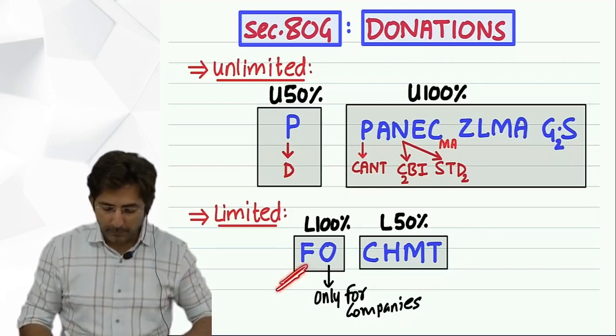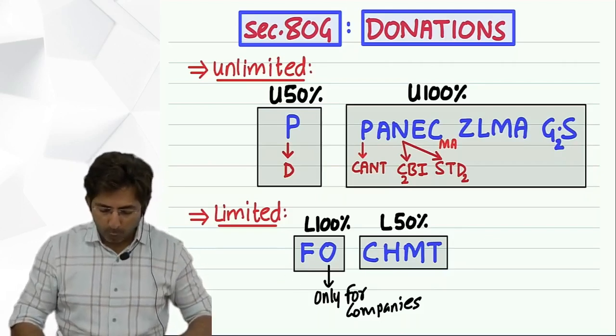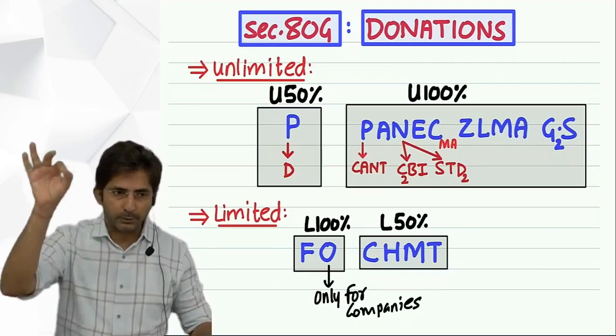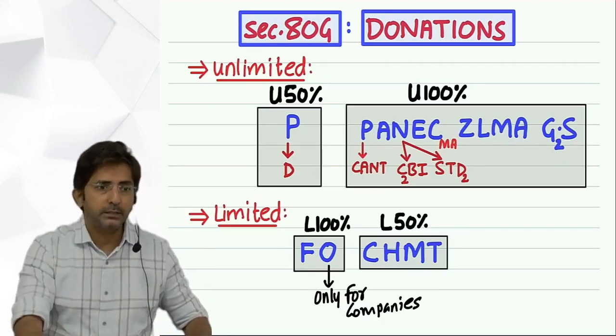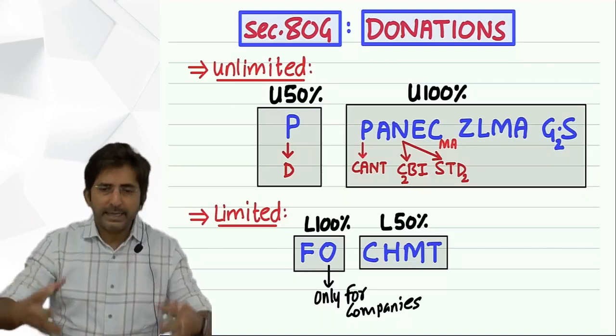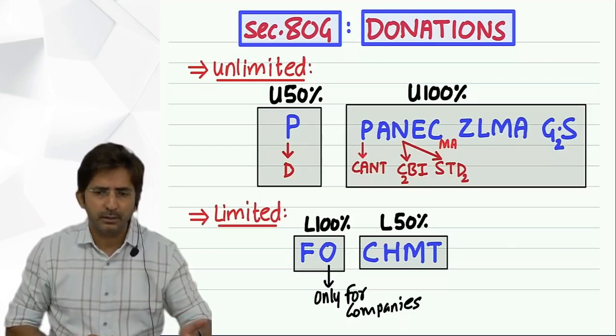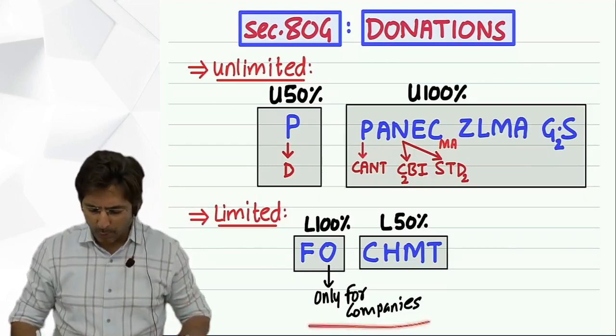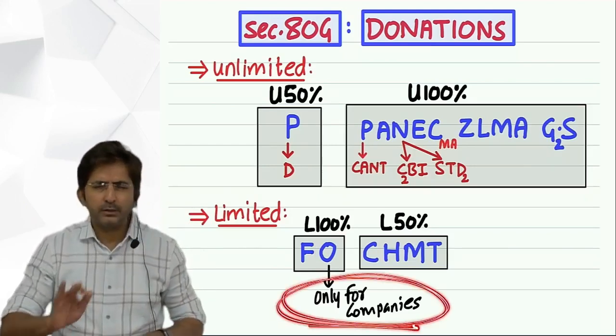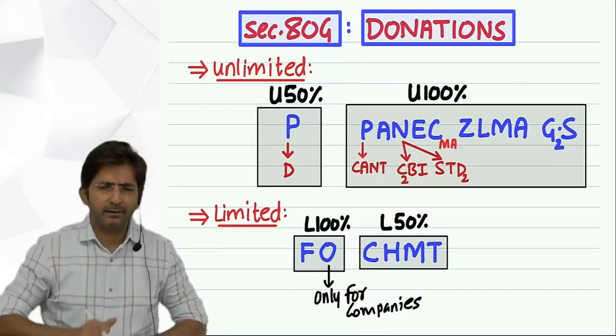Then after family planning donation, next is O, Indian Olympic Association. Means there is a donation for creating fund for Olympic Games. That is called Indian Olympic Association. But these donations are allowed only for companies. So for CA inter student it is not relevant.